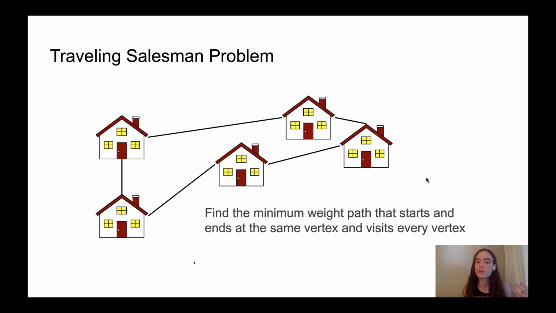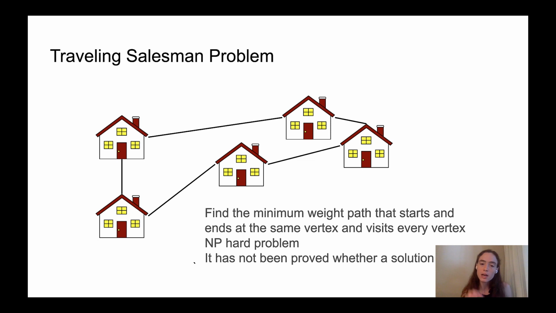So this depends on having a connected weighted graph. This problem is actually NP hard, so there's no known polynomial time algorithm to solve it. And it's not been proved yet whether there's a solution that has an algorithm with running time less than 1.9999 to the number of vertices. So there's not a quick way to solve this problem for any large number of vertices.